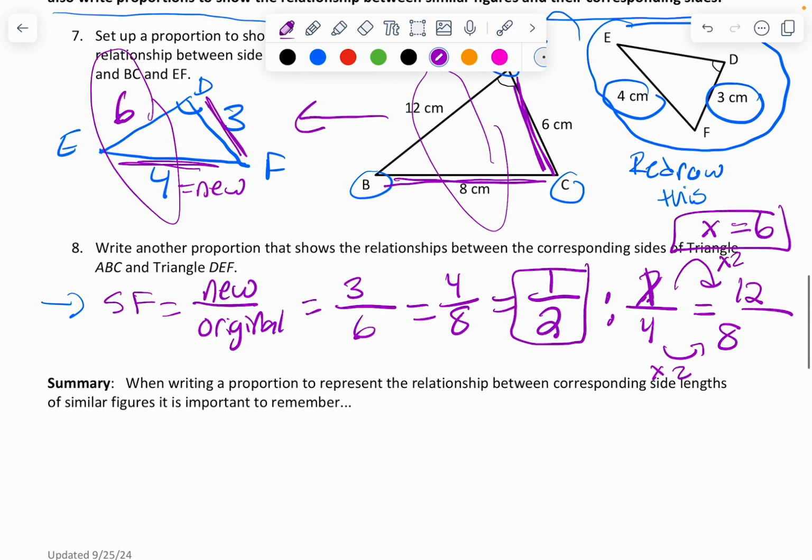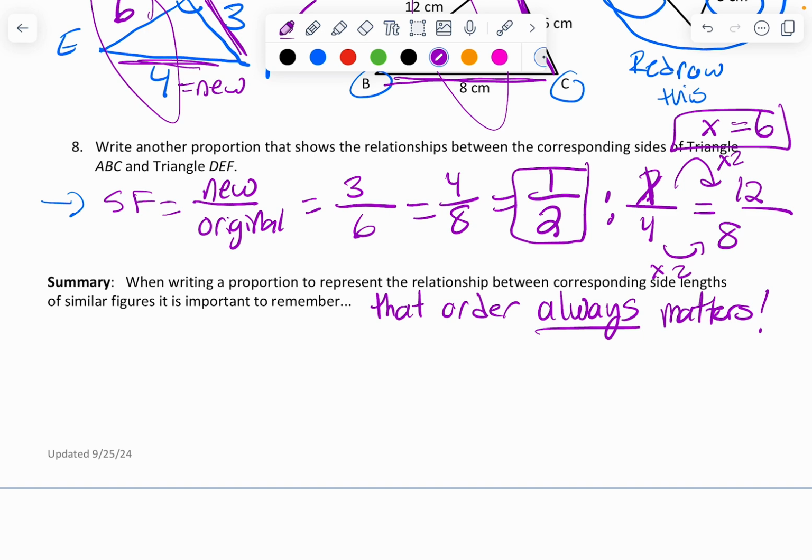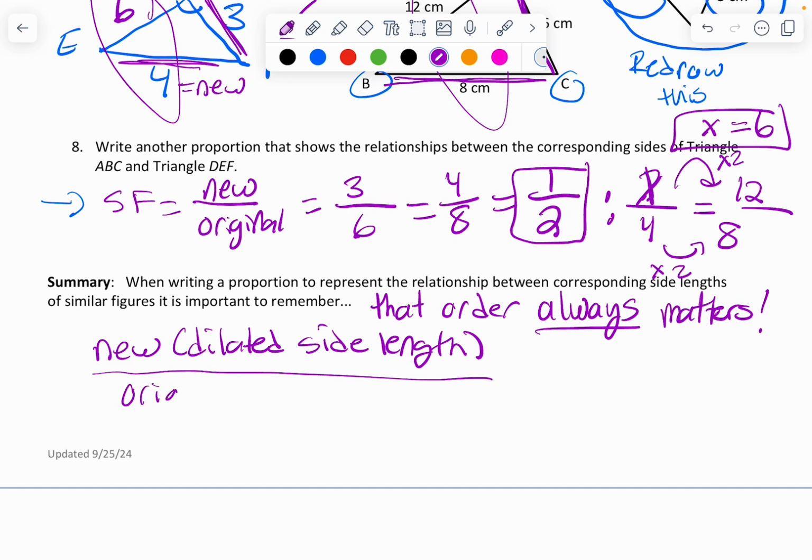So when writing a proportion to represent the relationship between corresponding side lengths, it is important to remember that order always matters. Always matters, okay? So essentially what that means is it's always going to be your new side length over your original side.